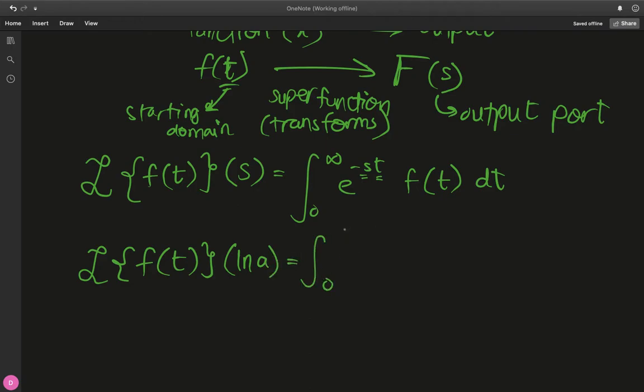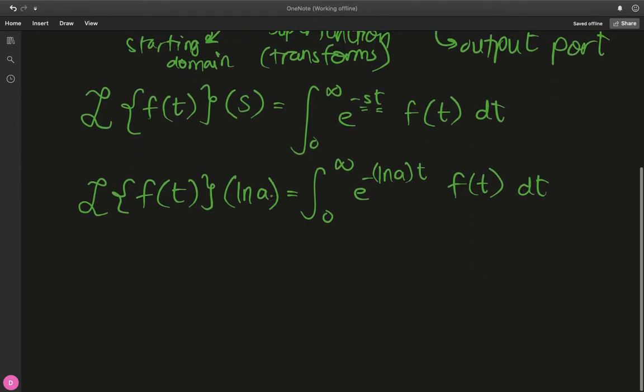So you have the integral from 0 to infinity of e raised to minus natural log of a times t times f of t dt. So what this does is, in all the formulas of the Laplace transform, there's a whole table of them. Instead of s, you just replace s with the natural log of a. That's all you do.